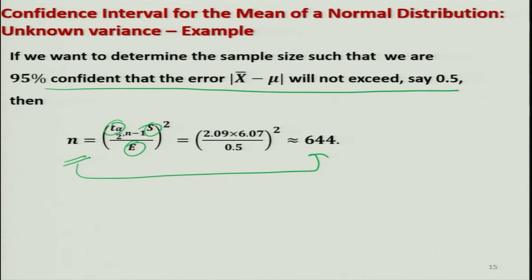You can see that this value has increased in comparison to the sample size you obtained in the earlier lecture when sigma square was assumed to be known. That is expected, because when you are trying to estimate something, you definitely increase the variability, and once you know something, there is no error and no randomness.